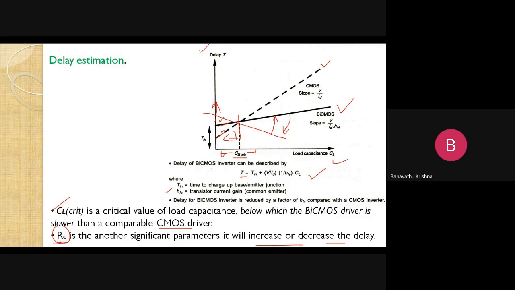Suppose the resistance increases, then the charging time of the capacitor also increases, so the overall delay also increases. That is the response of this particular delay estimation in the BiCMOS inverter. That's why RC is another significant parameter, and it will increase or decrease the delay of this particular response.